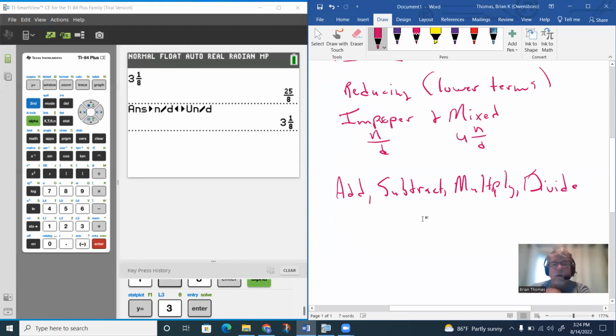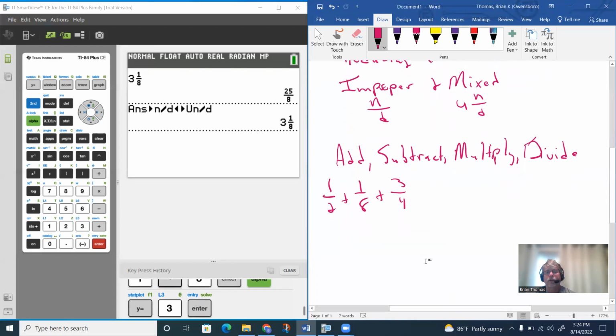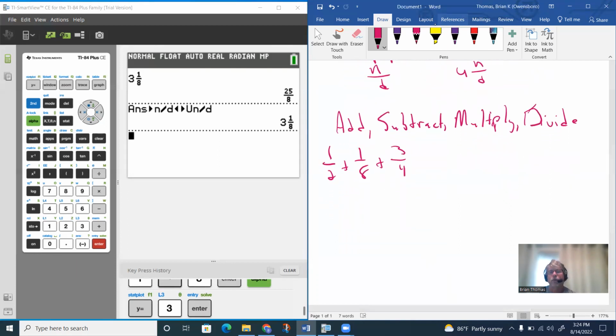So if I wanted to do a fraction problem like 1/2 plus 1/8 plus 3/4. If you can recognize what the common denominator is, the common multiple, if you will, we have a 2, an 8, and a 4.